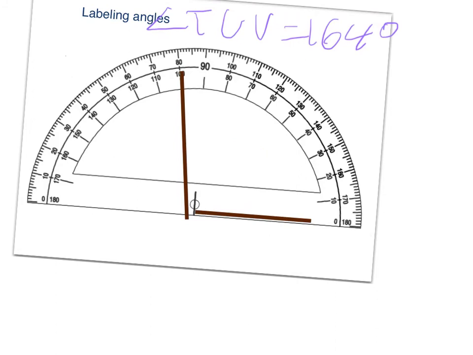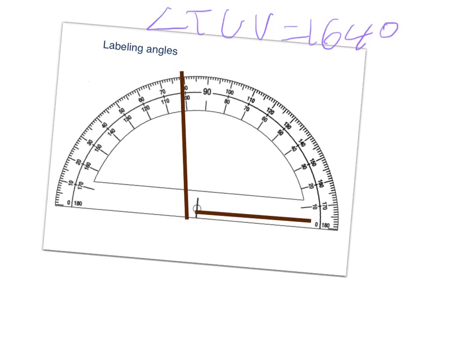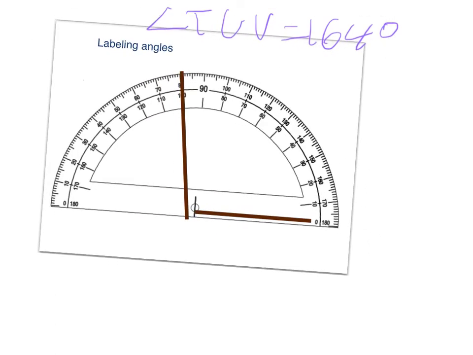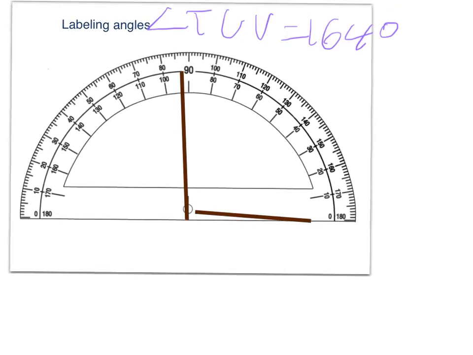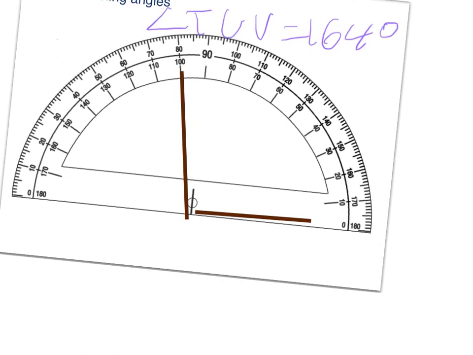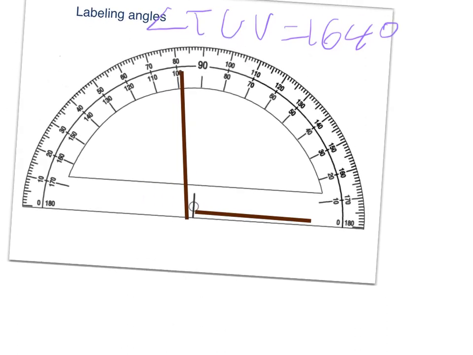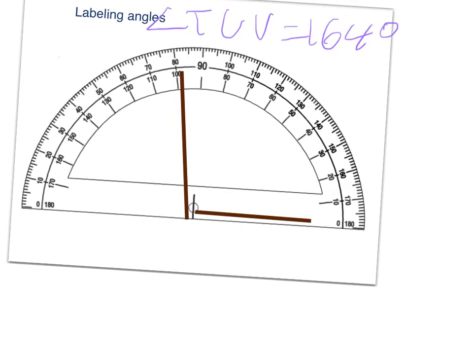Alright, let's fix my protractor right there at the vertex. Let's see if I can make it a little bit bigger, but not too much bigger. It's right on 0. Now that's a really fat line, so it looks like it's going between.